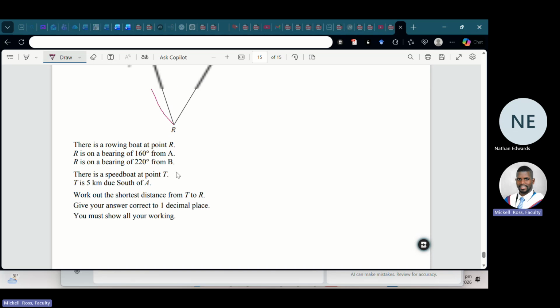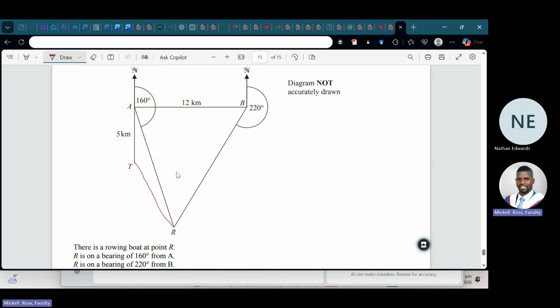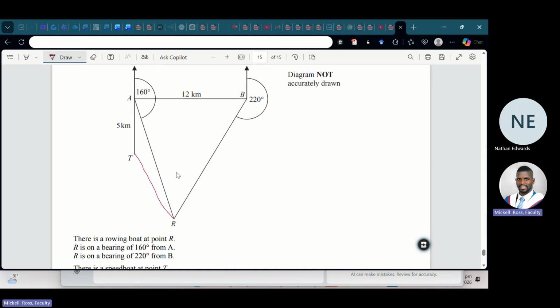If all the way down here is 160, then that means this angle is 20 degrees. If this is 90 and all the way to here is 160, then this angle right here is going to be 70 degrees.